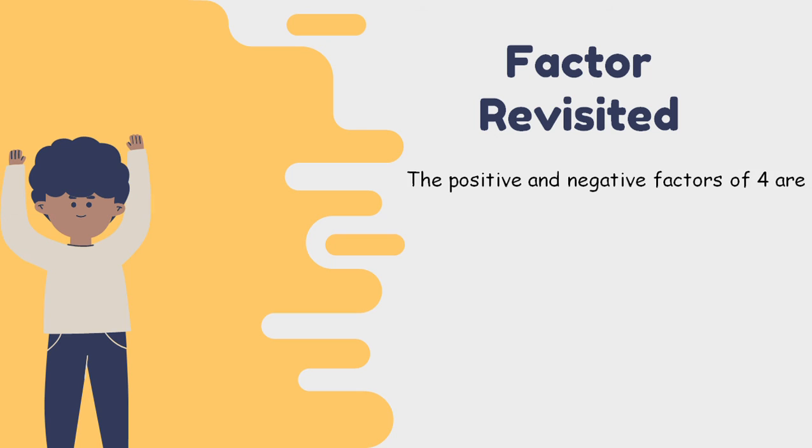For example, the positive and negative factors of 4 are 1, negative 1, 2, negative 2, 4, and negative 4. 1 times 4 equals 4. Negative 1 times negative 4 equals 4 also. 2 times 2 equals 4. Negative 2 times negative 2 equals 4 also.